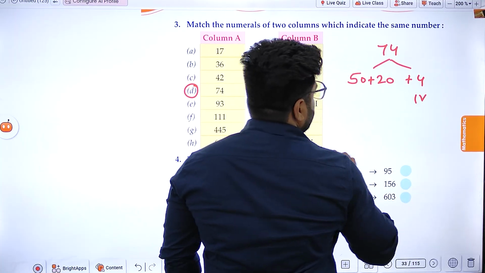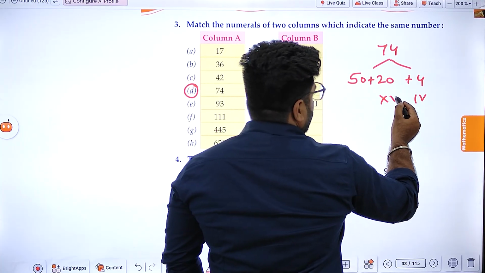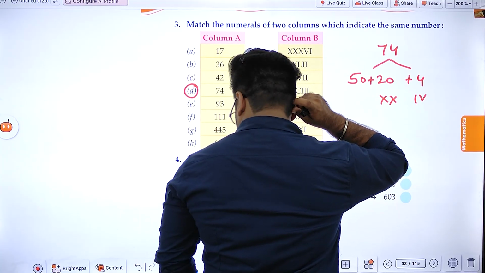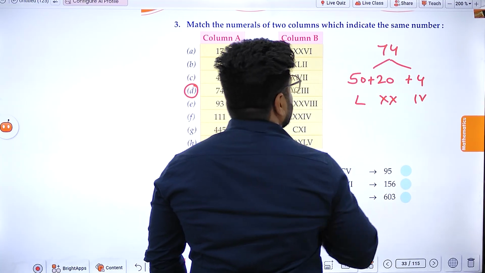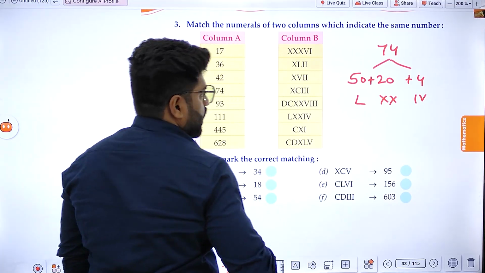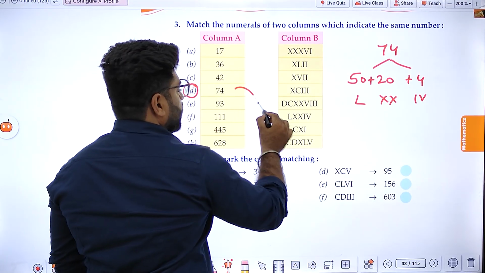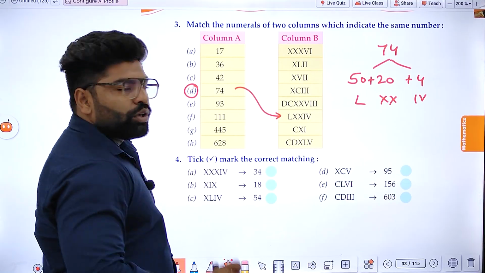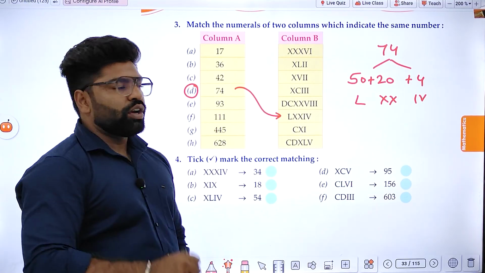So this will become IV, and here we have 2 X, and for 50 we have L. So have you seen this kind of number? So here we have this one. Okay, so somehow you have to solve it, then you have to match it.